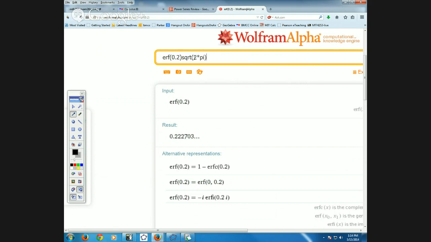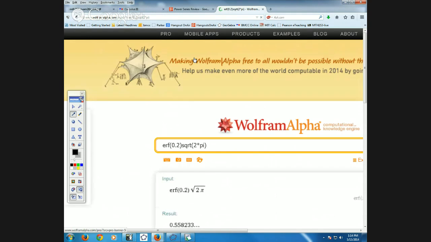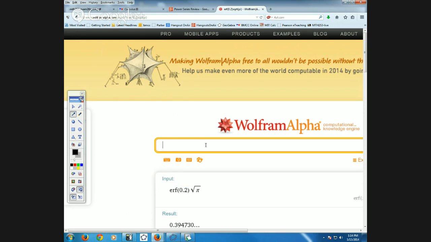No, that's not it either. Maybe I should have square root of pi. No, that's not it either. Okay. Anyway, we don't actually have the error function. We have an approximation of it. Just to double check that, what we were doing, we were doing an integral.